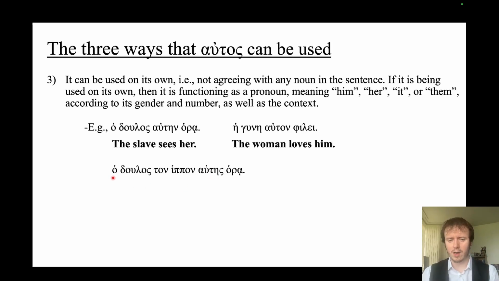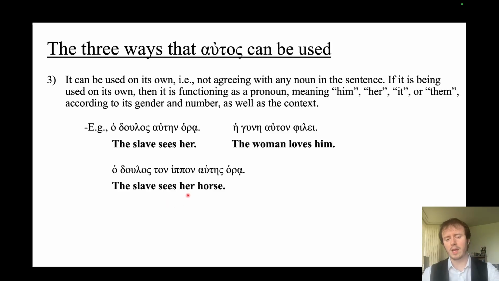So literally it says the slave sees the horse of her. But in English, we would just say her horse rather than the horse of her. It sounds a bit clunky to say the horse of her in English, so we would say her horse. So this says the slave sees her horse.